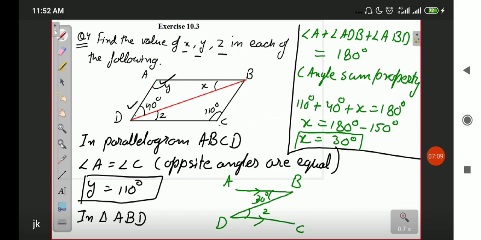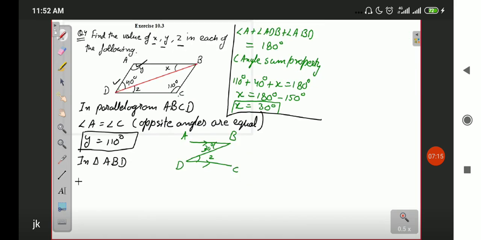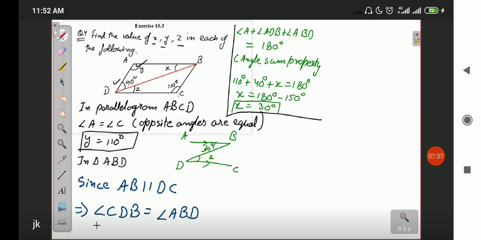Let us write this down. Since AB is parallel to DC, angle CDB is equal to angle ABD. Why? These are a pair of alternate interior angles.